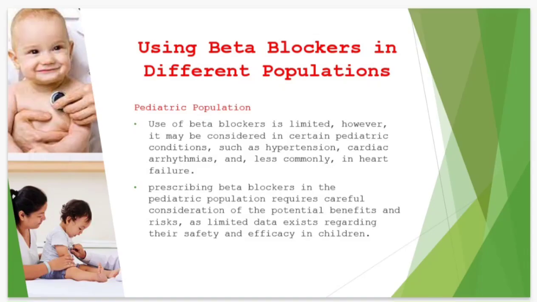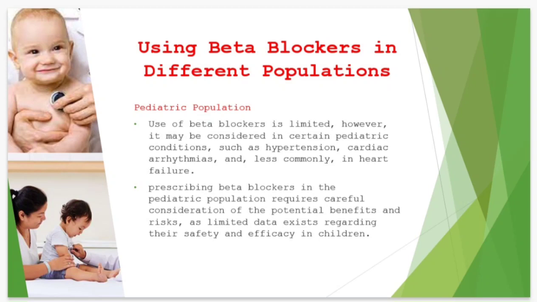Using beta blockers in different populations. Pediatric population. The use of beta blockers in pediatric patients is relatively limited compared to the adult population. However, beta blockers may be considered in certain pediatric conditions such as hypertension, cardiac arrhythmias, and less commonly in heart failure.